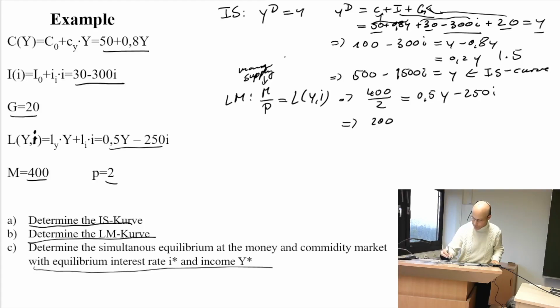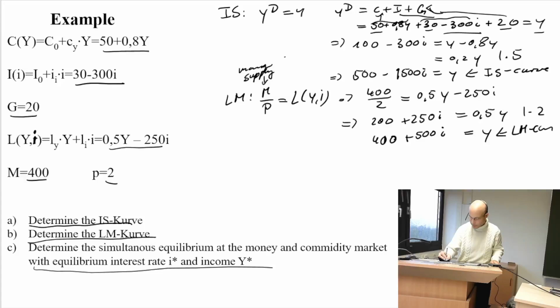Let's also solve this for Y: 200 plus 250i equals 0.5 Y, multiplying with 2, 400 plus 500i equals Y. And then this is the LM curve.